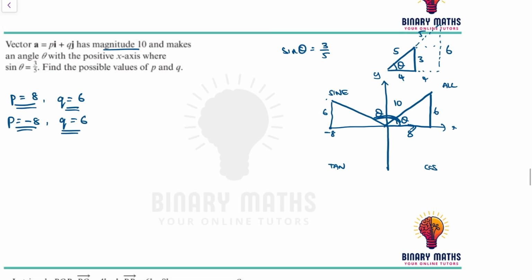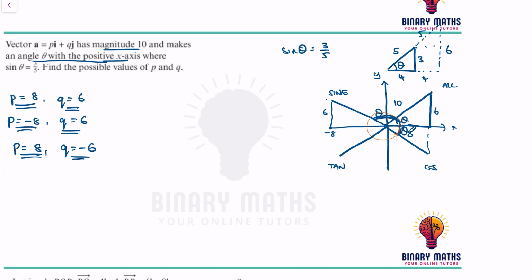Now you might think that the other two quadrants will give you solutions, but because we're measuring the angle theta the vector makes with the positive x-axis, even if we go here, it'll give us a solution, because positive x-axis means this angle here. What we normally measure is all the way around here, which will give us a negative answer, but because we're working out this angle, it'll also be positive. So P is equal to 8 and Q is equal to -6 will also give us a solution.